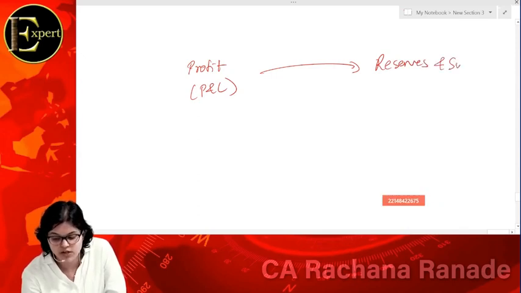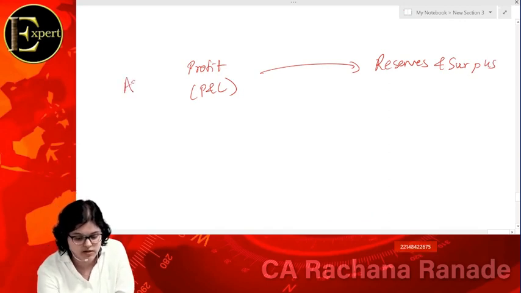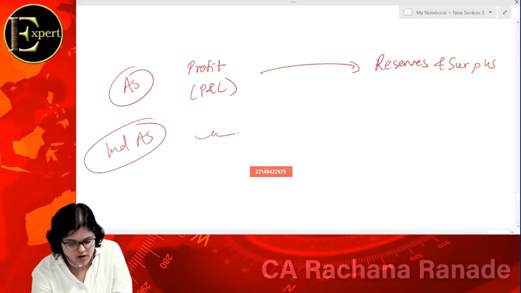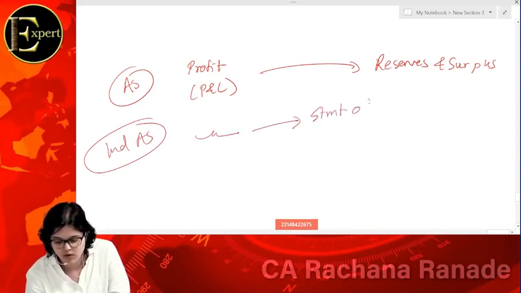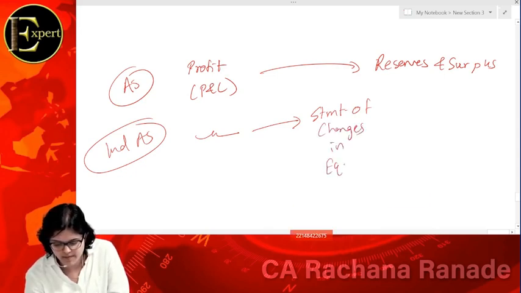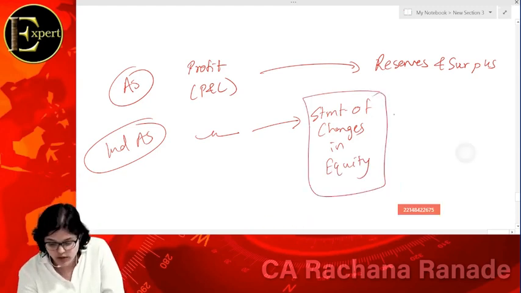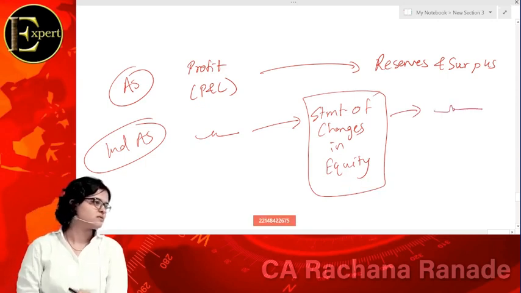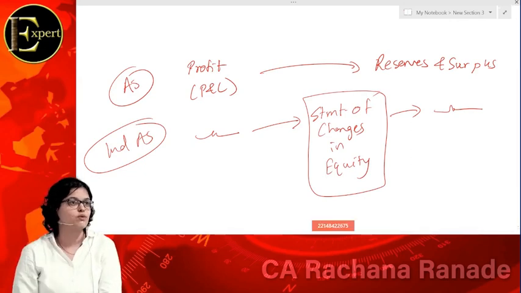Reserves and surplus under what? Shareholders' funds. That is what we were searching for right now. This is as per the normal accounting standard. But under Ind AS, the profit as per P&L is first transferred to the statement of changes in equity, and then this part goes to reserves and surplus. So this might be the jump. That is why we are not able to trace the exact amount.